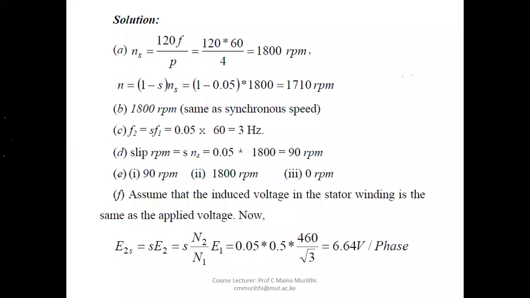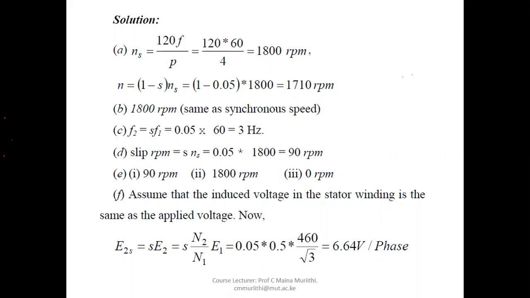Then part B, what is the speed of the revolving field? It will be the same as the synchronous speed. Then part C, what is the frequency on the rotor circuit? The frequency of the rotor circuit is a factor of the slip, so it's 0.5 of 60, which is 3 hertz. And then what is the slip RPM?